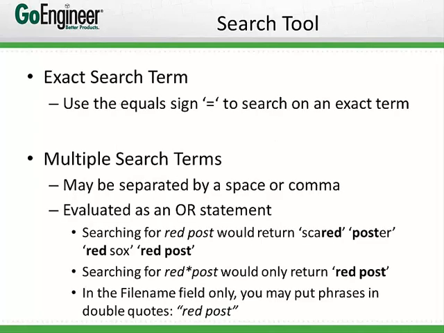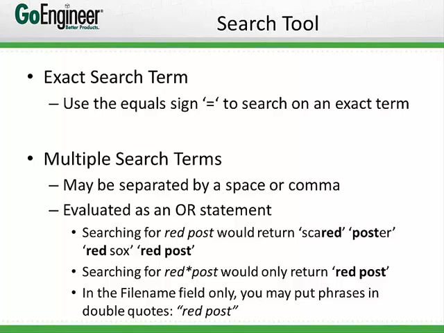If we're talking about multiple searches, or searching for phrases, every search term that we put in place in our vault can be separated either by a space or by a comma, and those are evaluated with an OR.